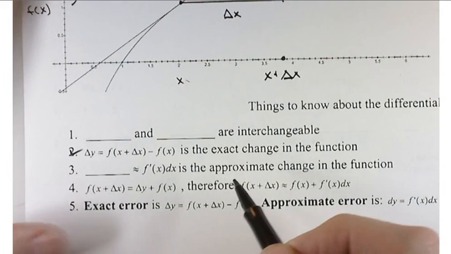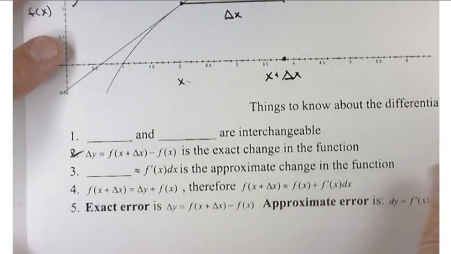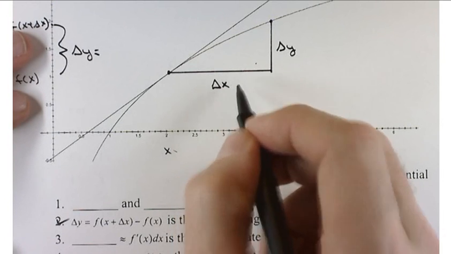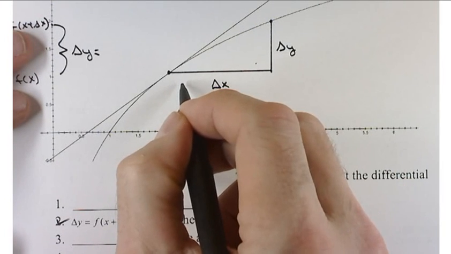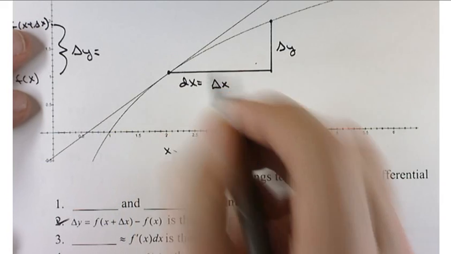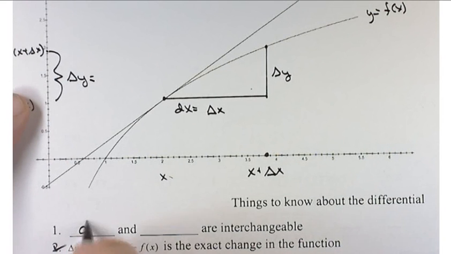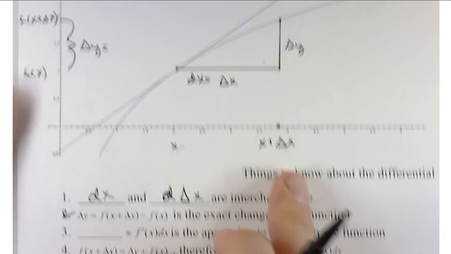What else can I tell you about this? Well, let's define delta x. Delta x is also going to be known by another name that's a little bit familiar to you. It's called dx. That's the differential. And dx and delta x are interchangeable.